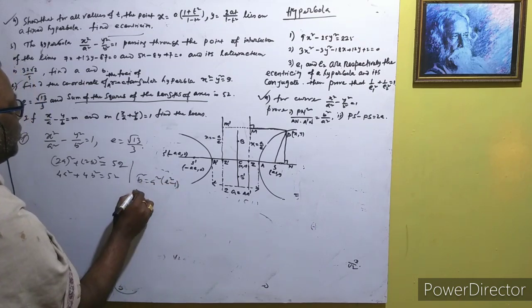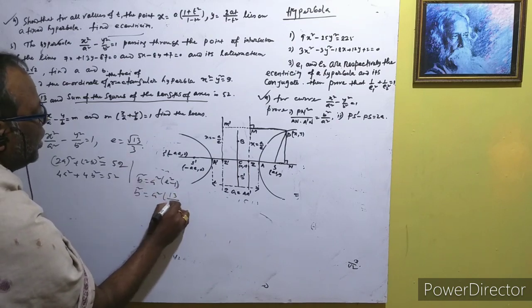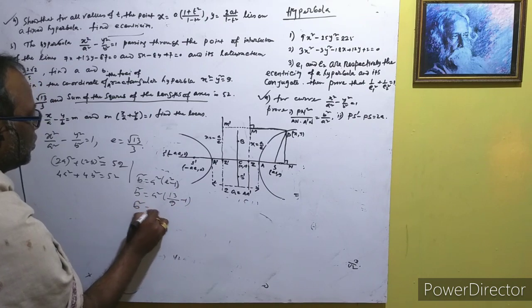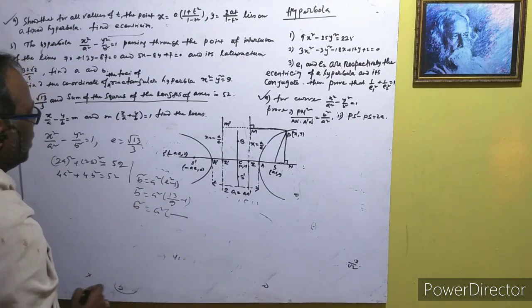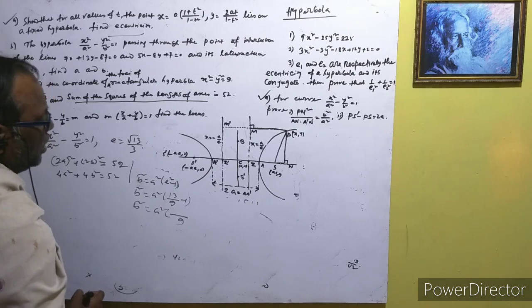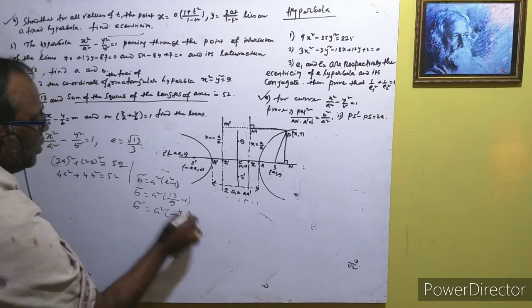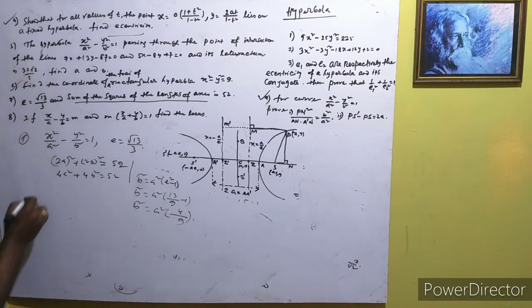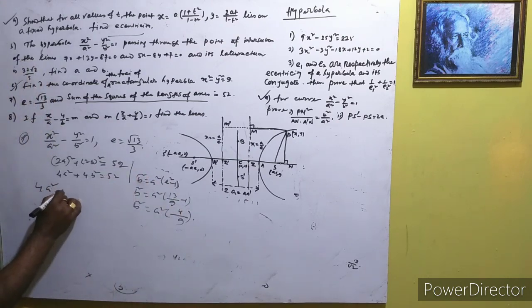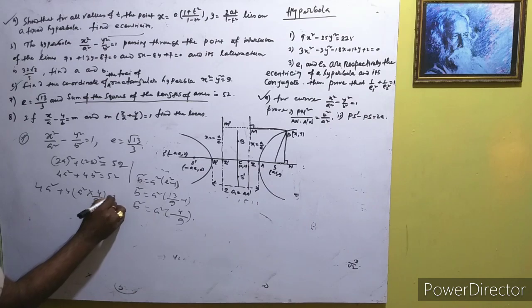So b square equals a square into 13 by 9 minus 1, that is 13 minus 9 by 9, and that is 4. So b square equals a square into 4 by 9, and 4a square plus 4b square equals 25.